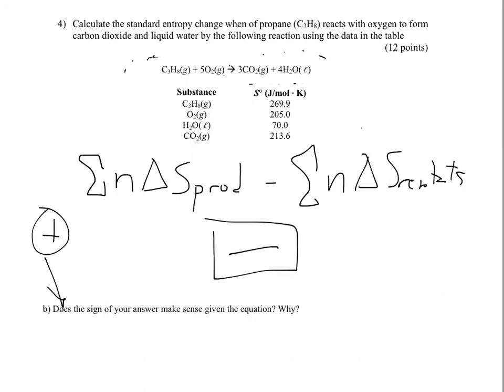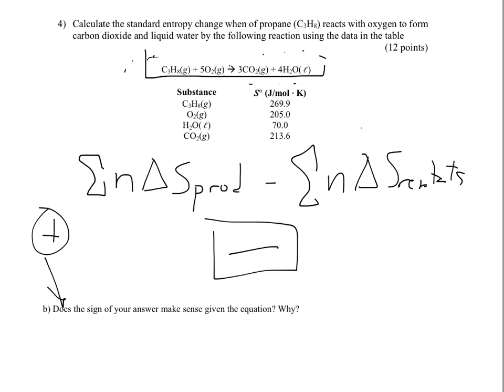Okay, it was only 2 points, but I gave you the points. And so as long as you answered B consistently with how your answer for A came up, you got the points for part B.